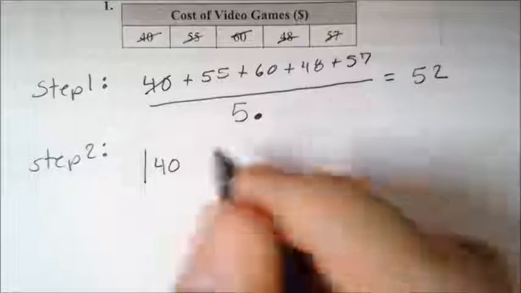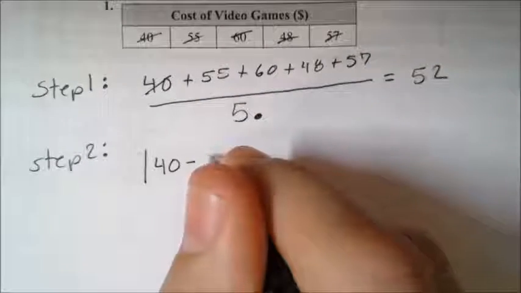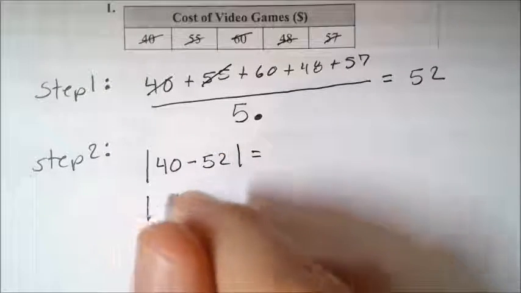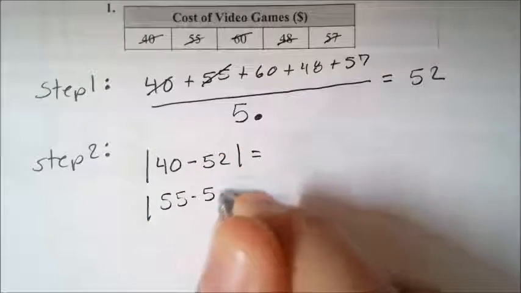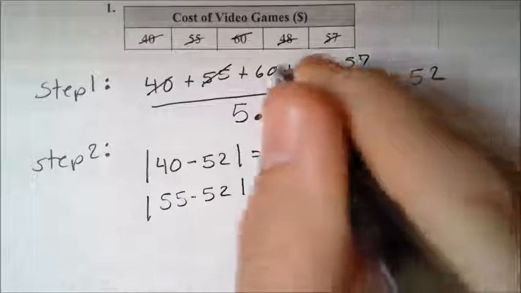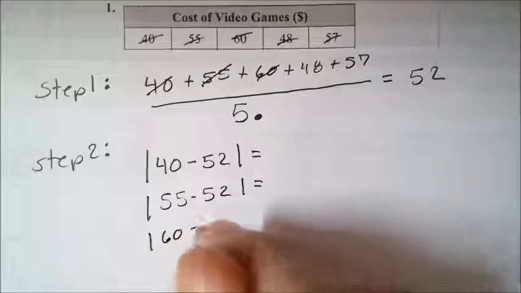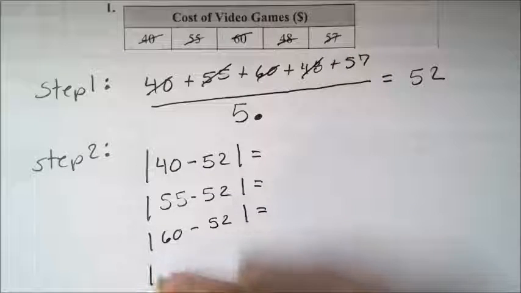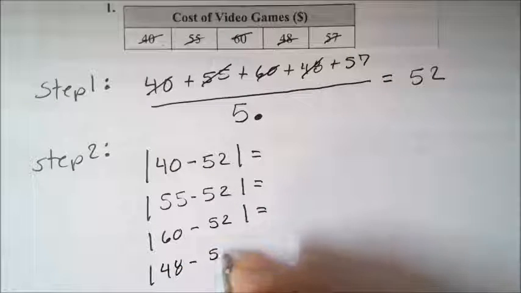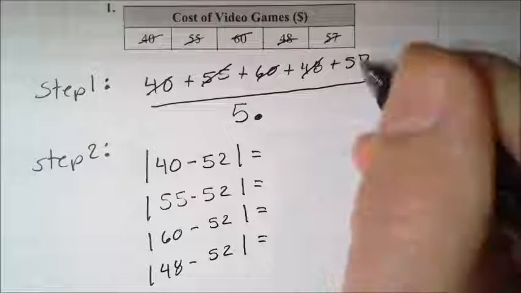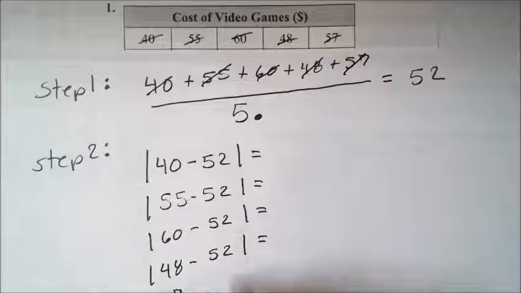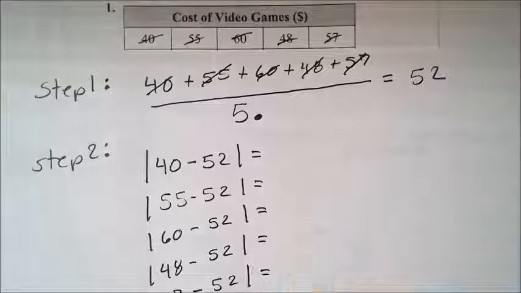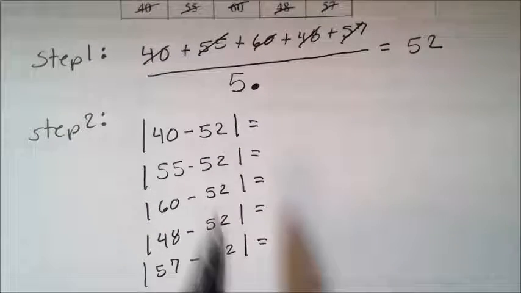So we have 40 minus the 52, and then I have 55 minus 52, and I have 60 minus 52, and 48 minus 52, and 57 minus 52.